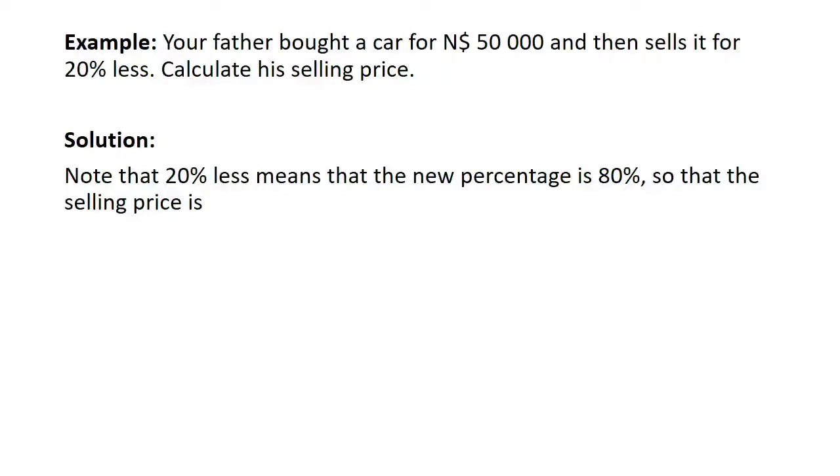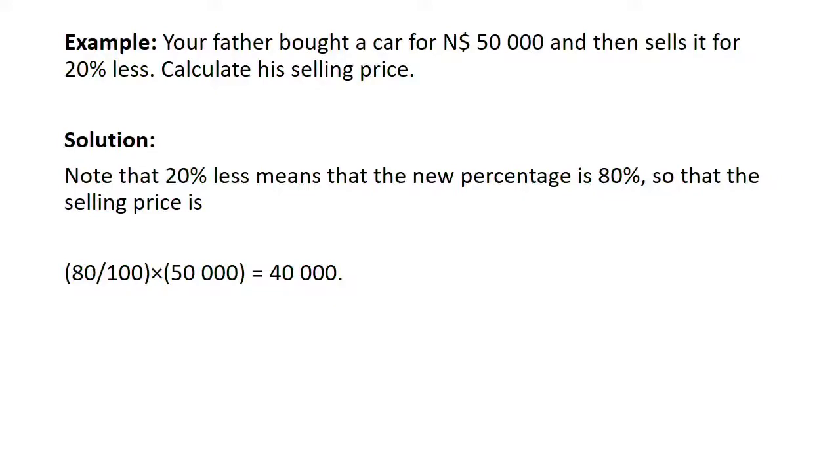So 20% from 100 will give you 80%, isn't it? And therefore, the selling price will be 80% of the 50,000, and that will give you 40,000 if you work it out correctly. So you have 80 over 100, that's your 80%, multiplied by 50,000, and you get 40,000.